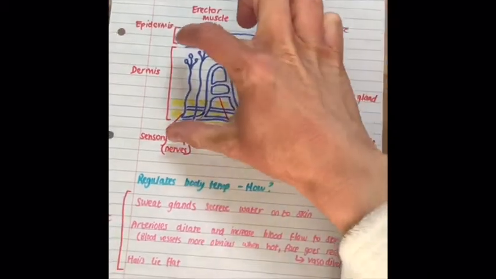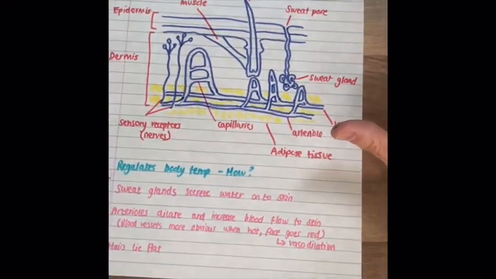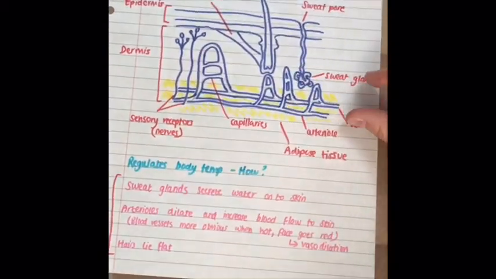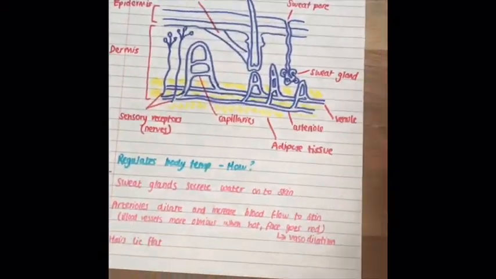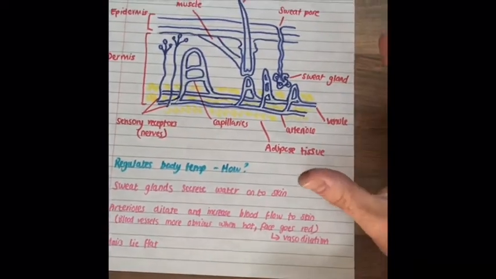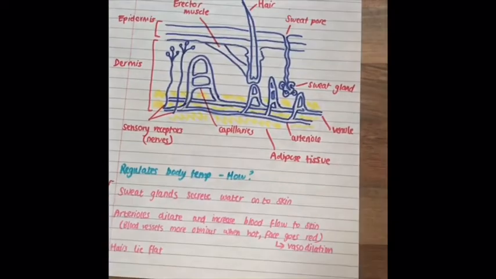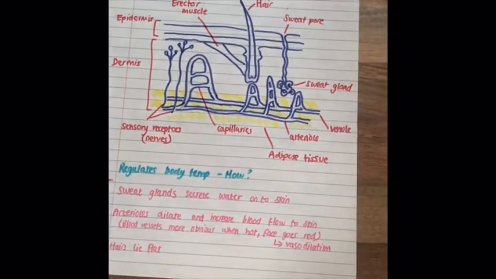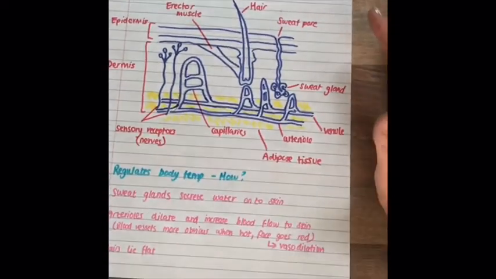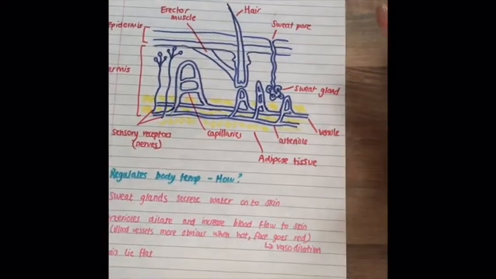Underneath, in the dermis, at the bottom of the dermal layer, we have adipose tissue. Adipose tissue is a layer of fatty deposit which insulates our body and keeps temperature regulated. So that adipose tissue creates a layer of warmth around our body.